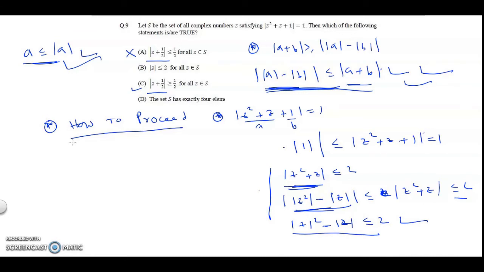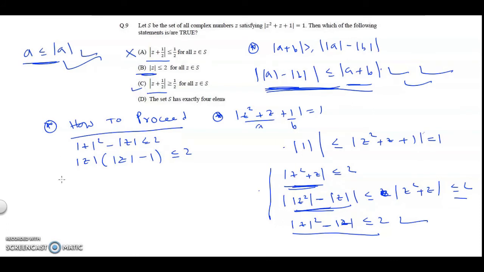Up to this much we have done. Now we have to prove whether this is true or false. So we will use the contradiction process.